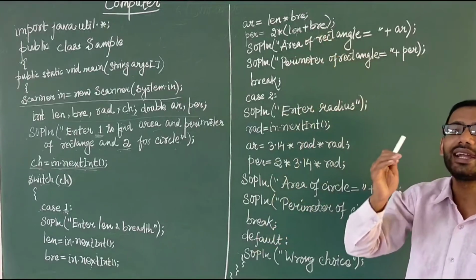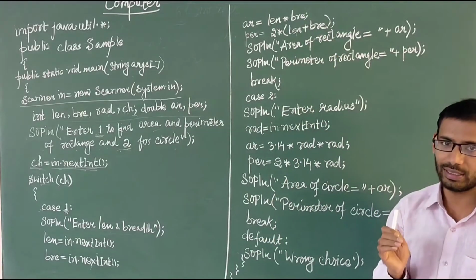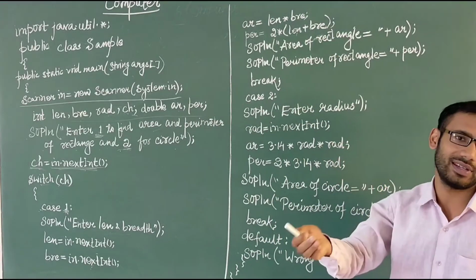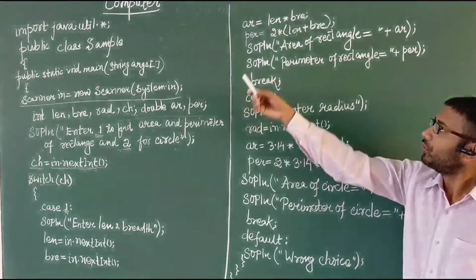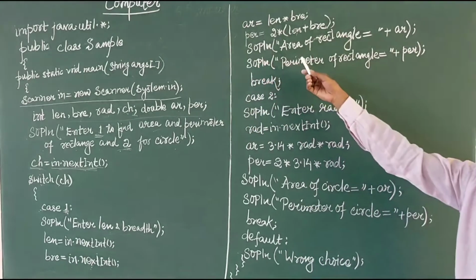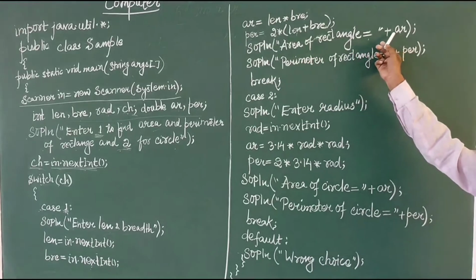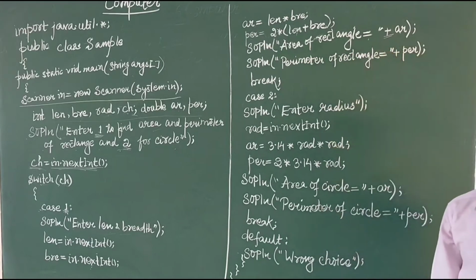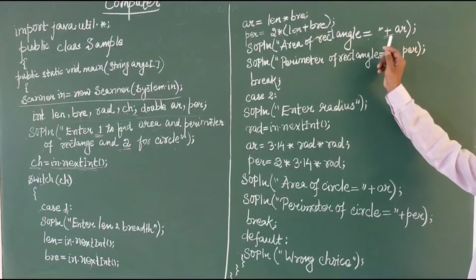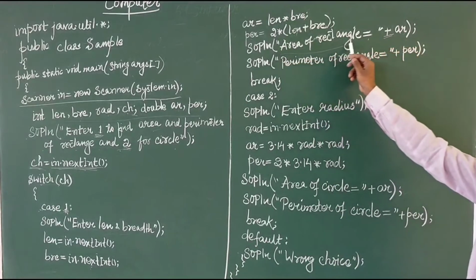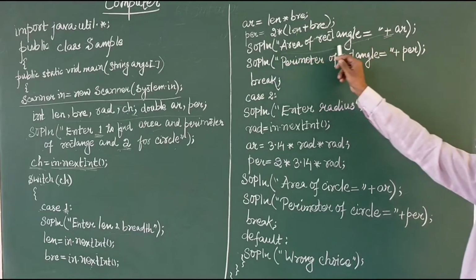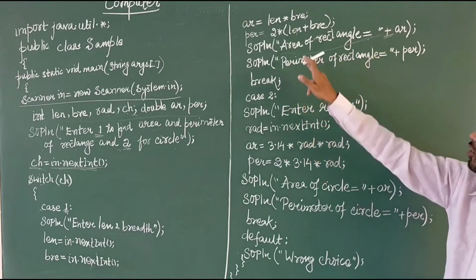Do not make any kind of syntax error, otherwise a compilation error will definitely come. Now, System.out.println: area of rectangle is equal to, plus ar. Again, this plus sign is concatenating the result along with this comment line. This line is just for the sake of the user. This is not a part of the program.